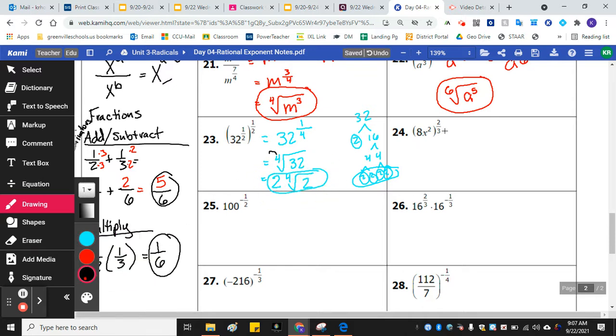All right, when I raise a power to a power and multiply. Now be careful here. This 8 is also being raised to the 2/3. So I'm going to go ahead and just write it in a radical form first, because this is the cube root of 8x squared, squared.